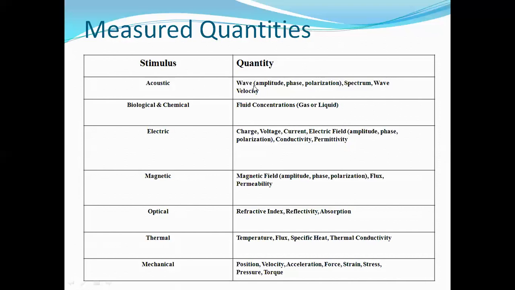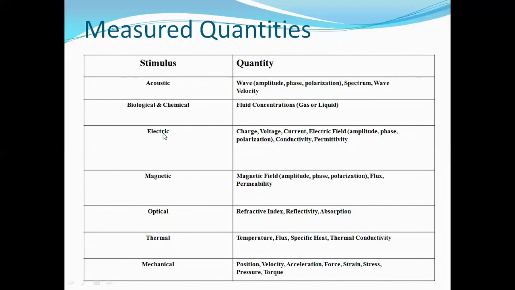For that, the wave fluctuations will be monitored: amplitude or phase polarization of the parts of the wave fluctuations, spectrums and wave velocity. In the case of biological and chemical parameters, fluid concentrations such as gases or liquids are monitored.